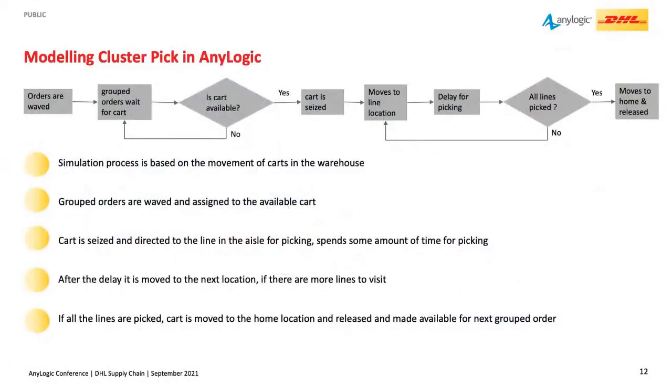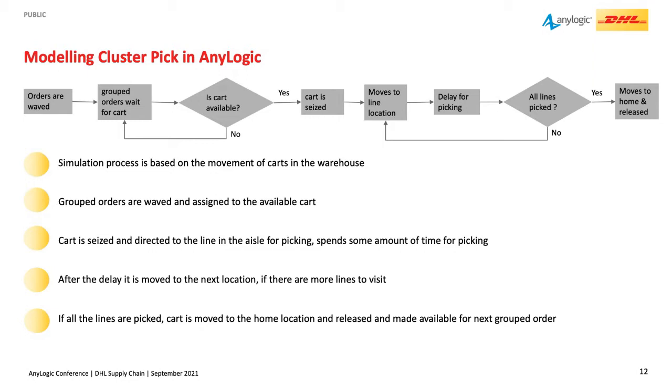To show customers the increased productivity and reduced congestion with IDEA, we modeled the cluster pick operation in AnyLogic to validate our claim. At the top, the flowchart shows the simulation process. The process is based on the movement of carts in the warehouse. A wave is released and grouped orders wait for a cart to be available.